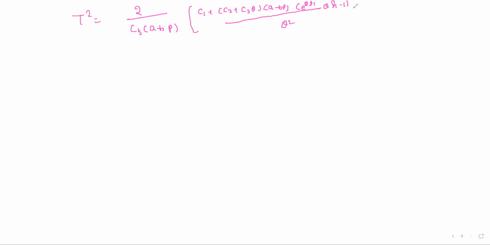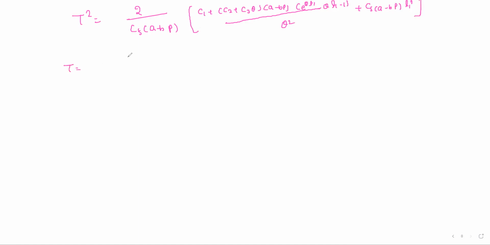So we get T square equals 2 upon Cs (A minus BP) into C1 plus C2 plus C3 theta (A minus BP) e to the power theta T1 minus theta T1 minus 1 upon theta square, plus Cs (A minus BP) T1 square.